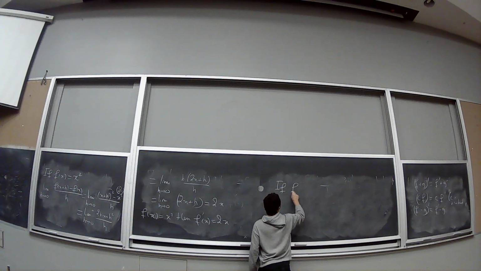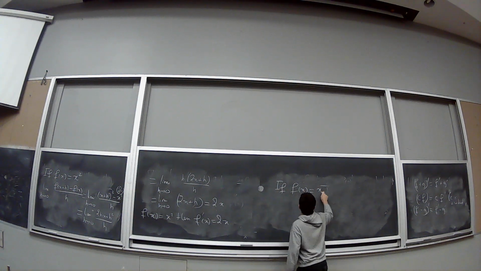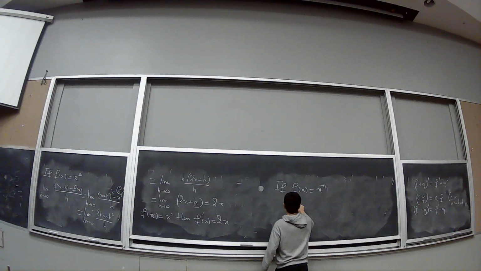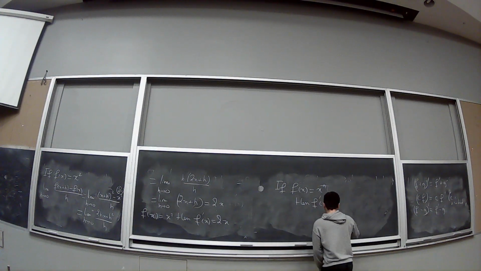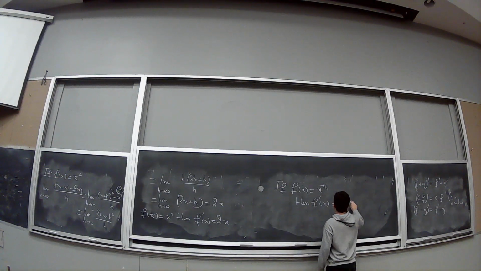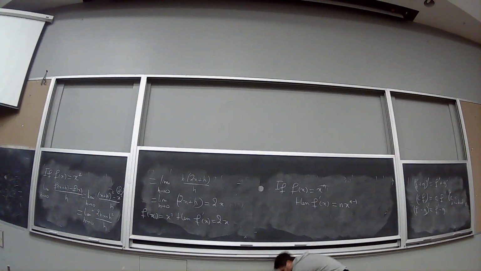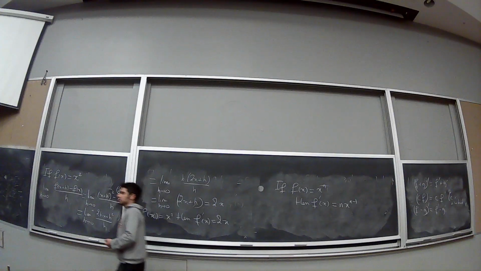If f of x is x to the n, then f prime of x is n x to the n minus 1. Let me double check if the book states it for just integers or for every single one.